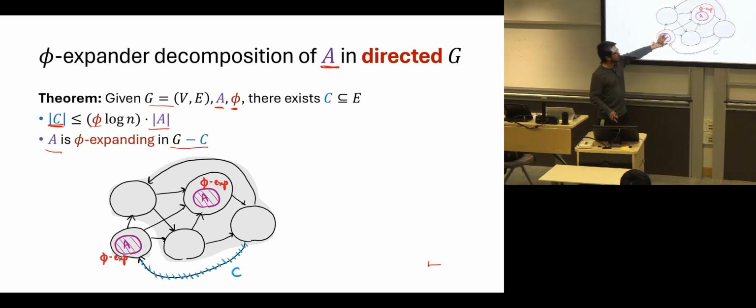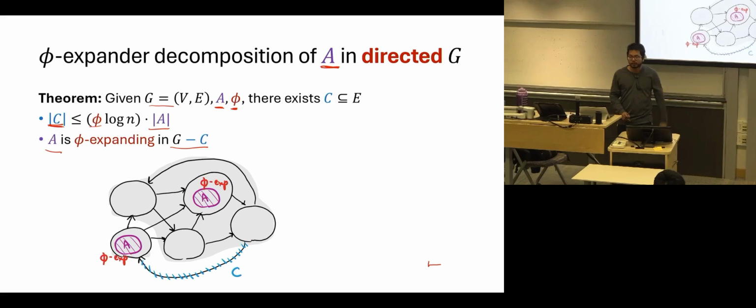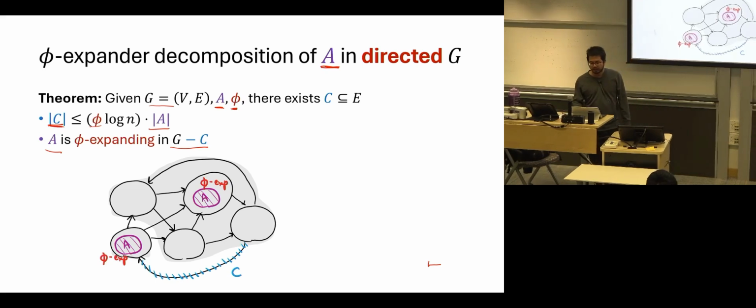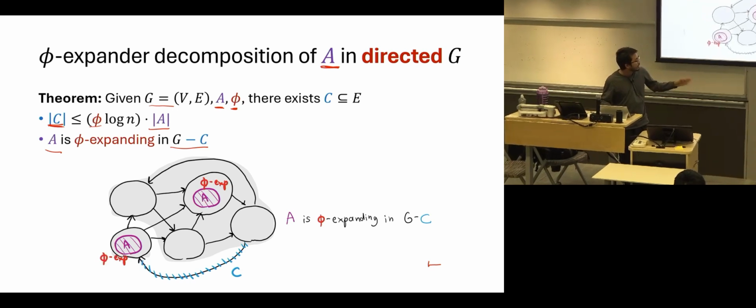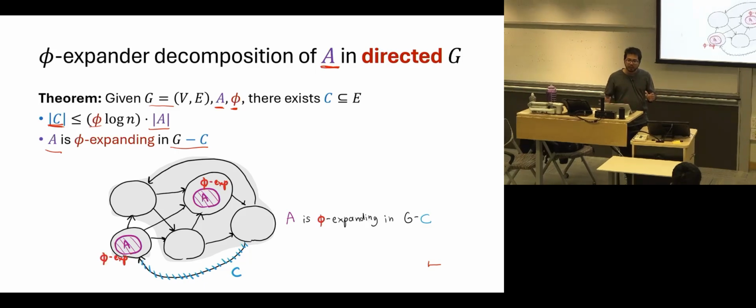And in this component, A is expanding, like before. Okay, so you get A is phi expanding in G minus C, because on each strong component of G minus C, A is expanding. Is the statement clear?